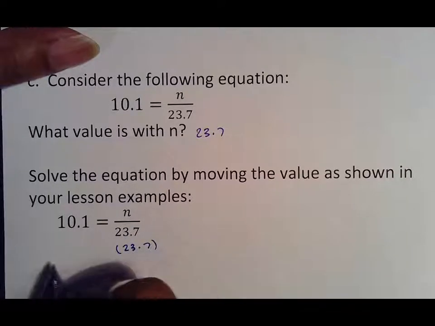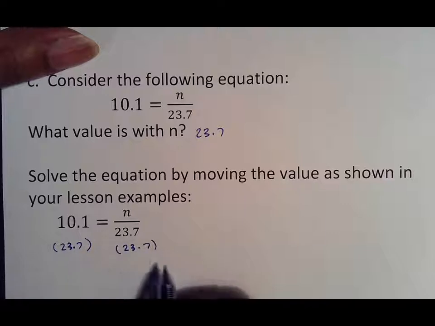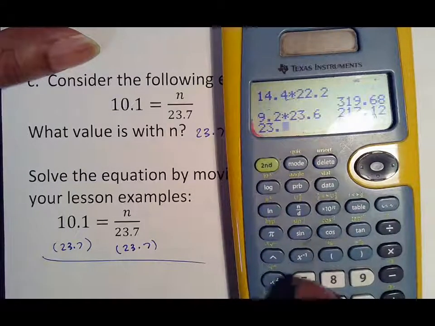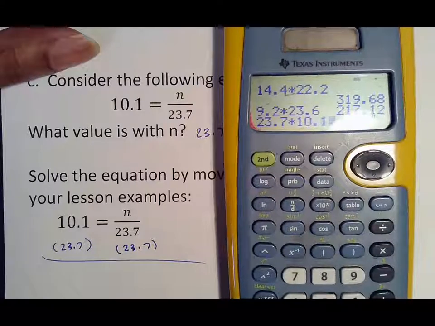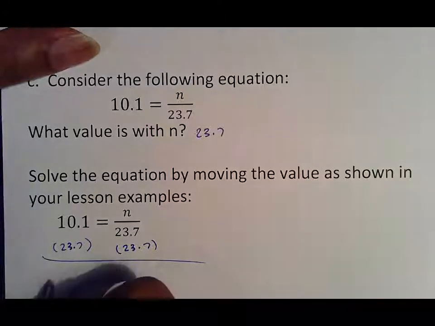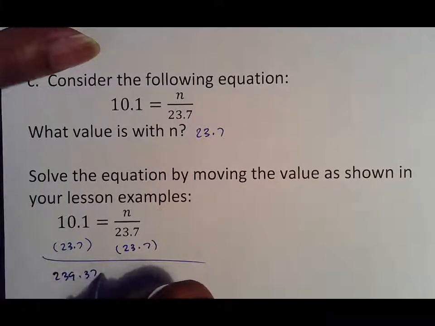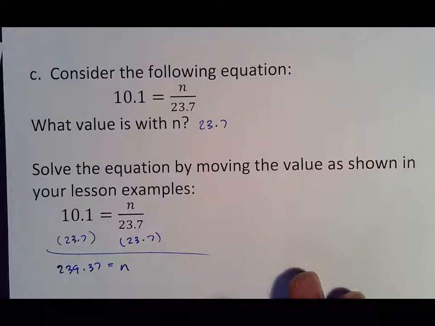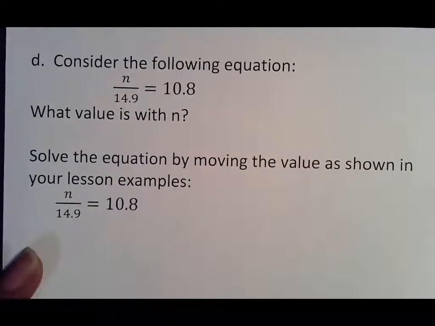And that's by multiplying by 23.7 on both sides. 10.1 times 23.7, 239.37 is what you end up with. And again, those cancel out, just bringing down n, and that's your 4 boxes of work. So as long as you've got that down, you should be okay, and everything should move just fine.